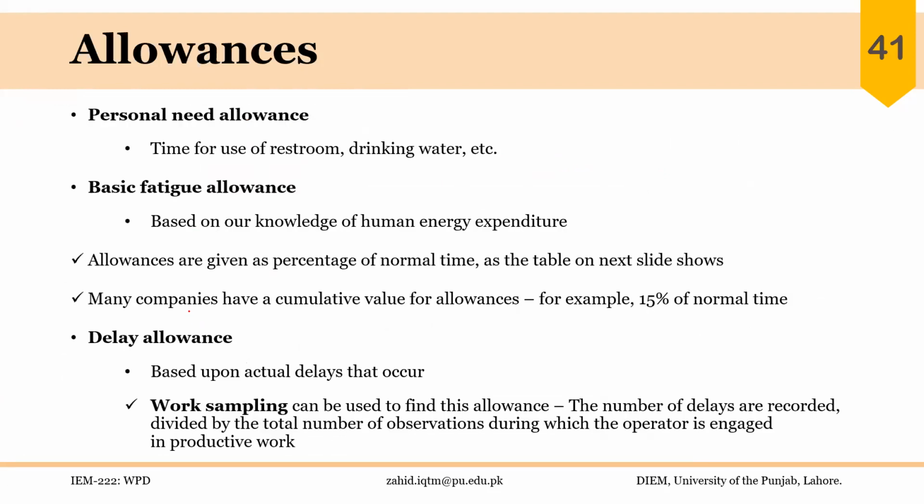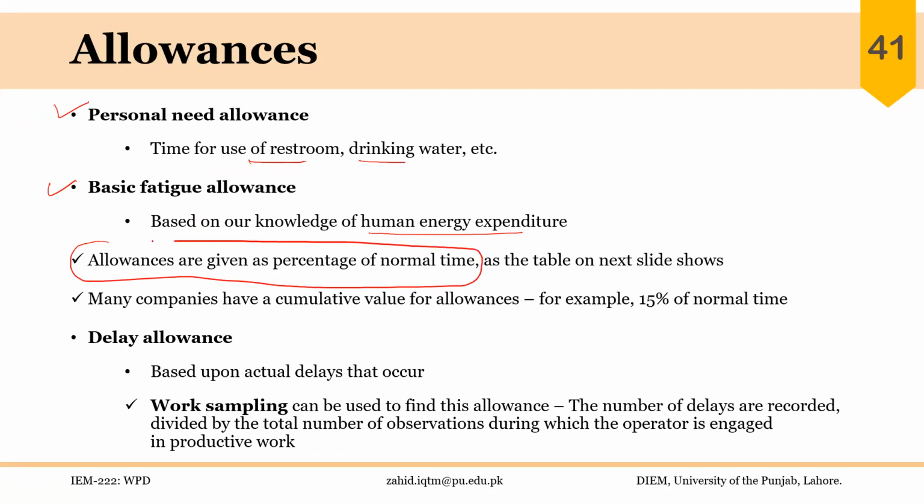So this is the summary before we go to the example: we have personal need allowance, time for use of restroom, drinking water, etc., and basic fatigue allowance based on our knowledge of human energy expenditure. So these are two constant allowances. The main important point here is that allowances are given as a percentage of normal time.